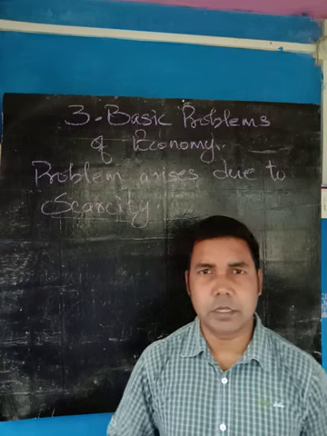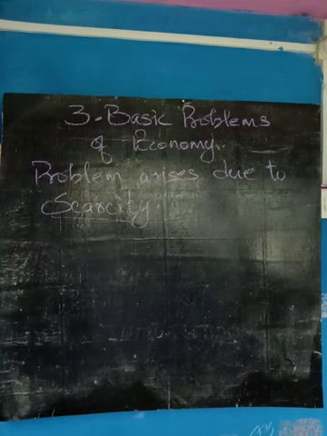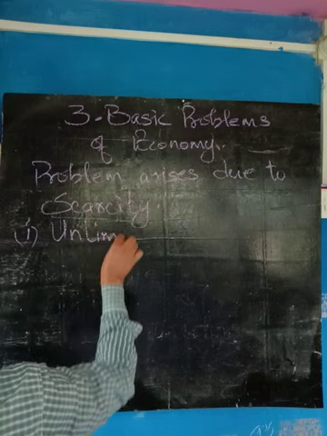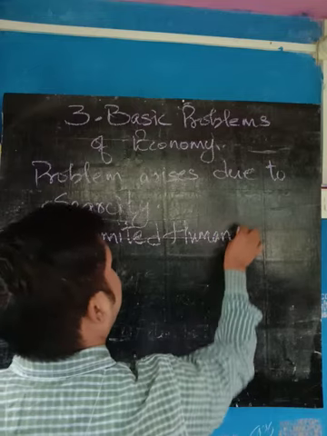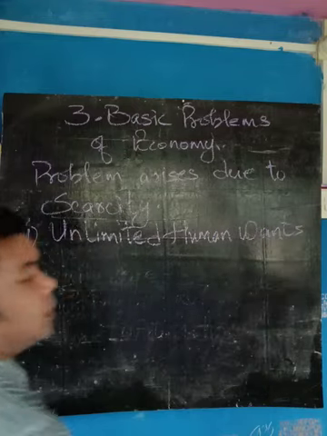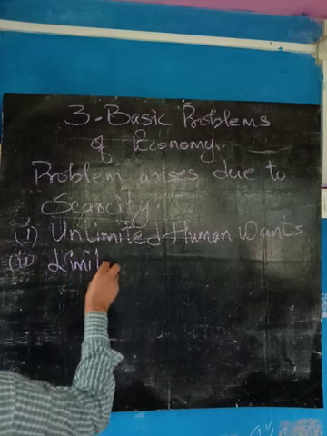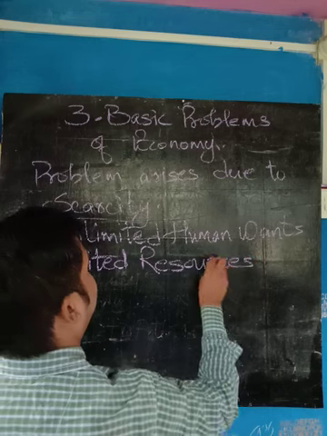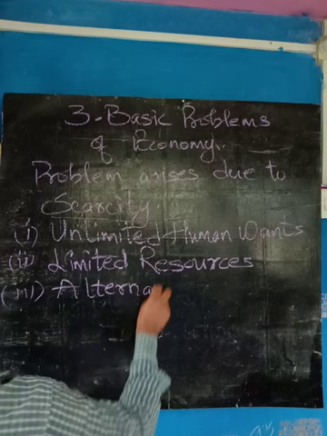So why does the economic problem arise? Let's come to the point. The economic problem arises because of three things: unlimited human wants, limited resources, and number three, alternative use of resources.